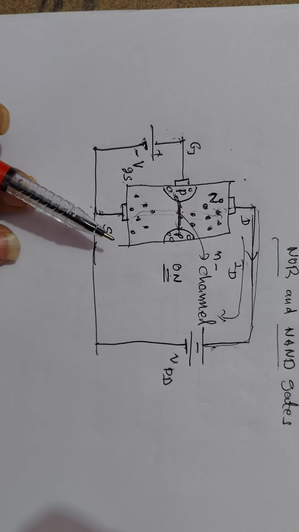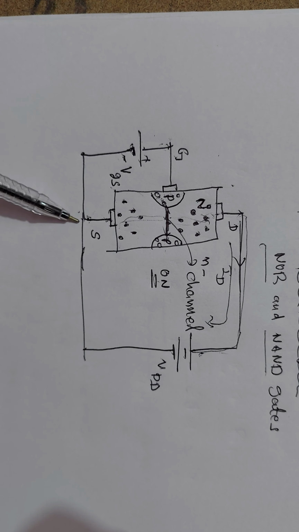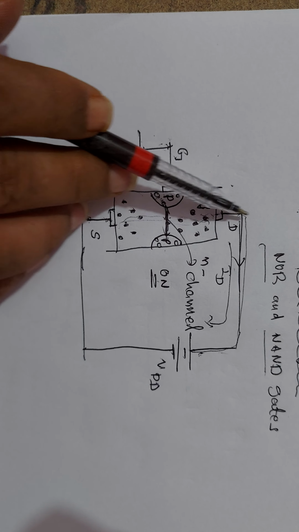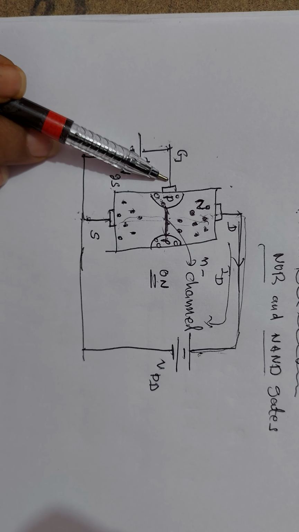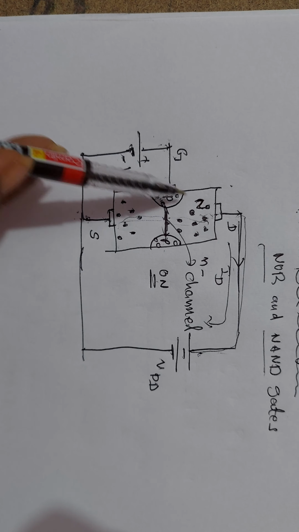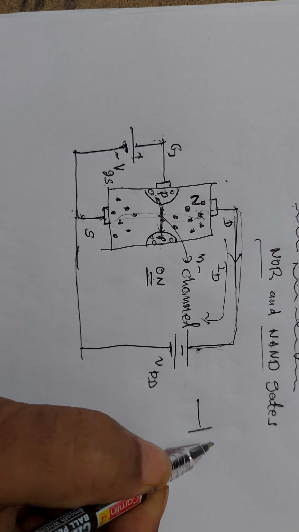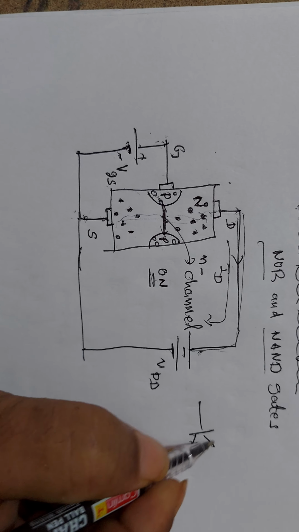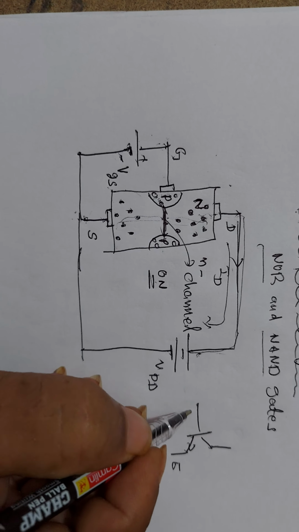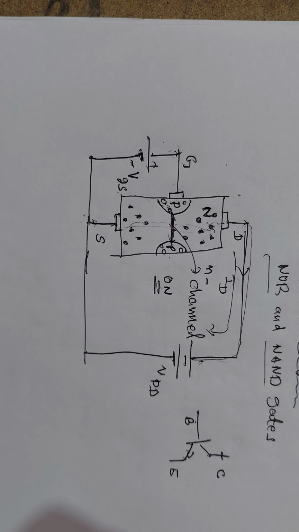We call this device a transistor because it has three terminals: source, drain and gate, similar to a bipolar transistor. In a bipolar transistor we call source the emitter, gate the base, and drain the collector. The symbolic representation of a bipolar transistor is like this. This is the emitter terminal, this is the base terminal, this is the collector terminal.